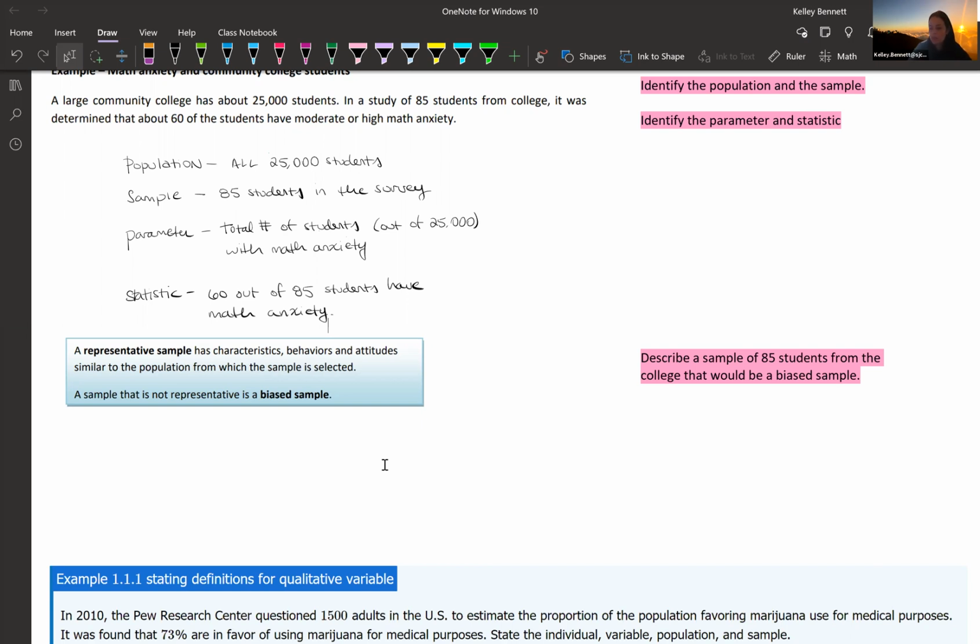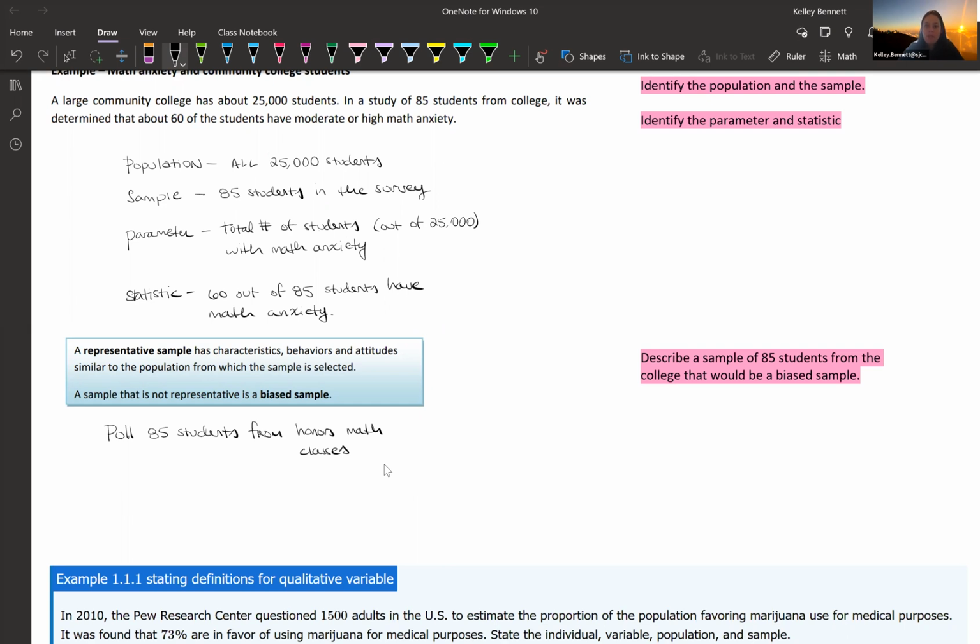So here's an example of a biased sample, something that's not representative. So let's say you were to poll, let's say you pull 85 students from honors math classes at that college.